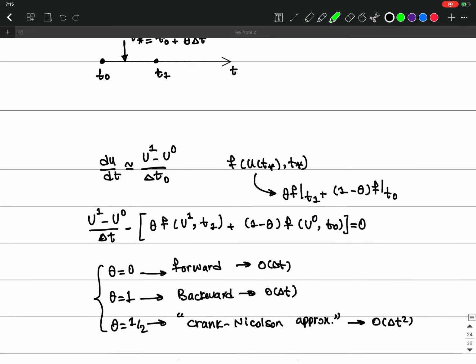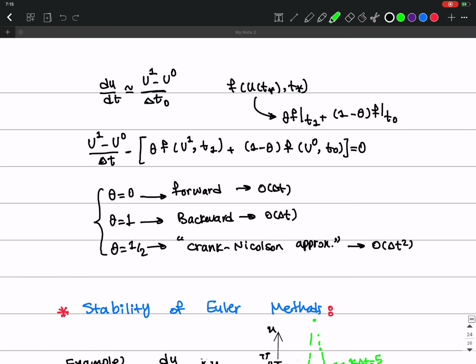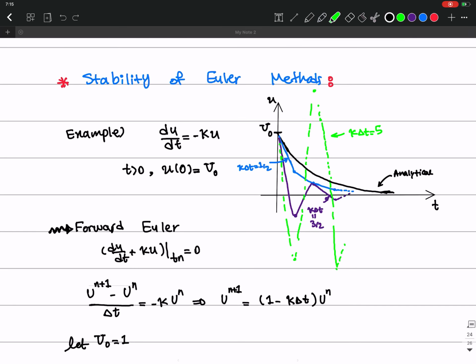If theta is 0, we have a forward approximation. If theta is 1, we are going to have backward. And if theta is 1/2, we have a new approximation, which is called the Crank-Nicolson approximation. The advantage of that is it is order delta t squared, so we are actually increasing the accuracy of our finite difference approximation.